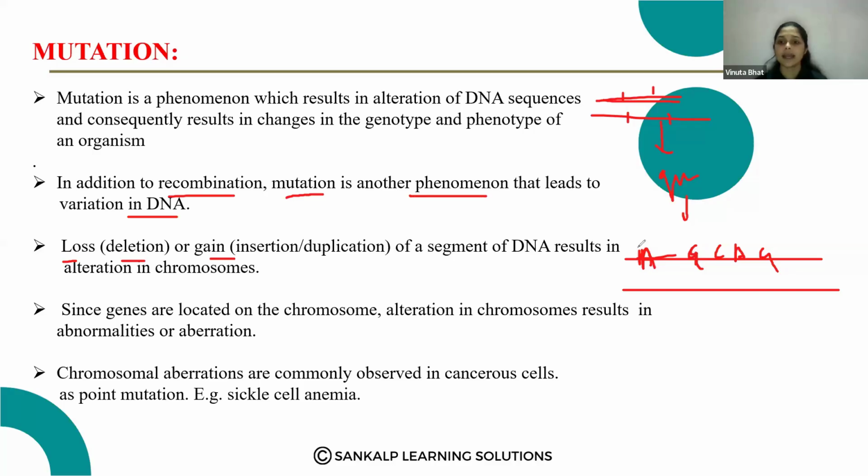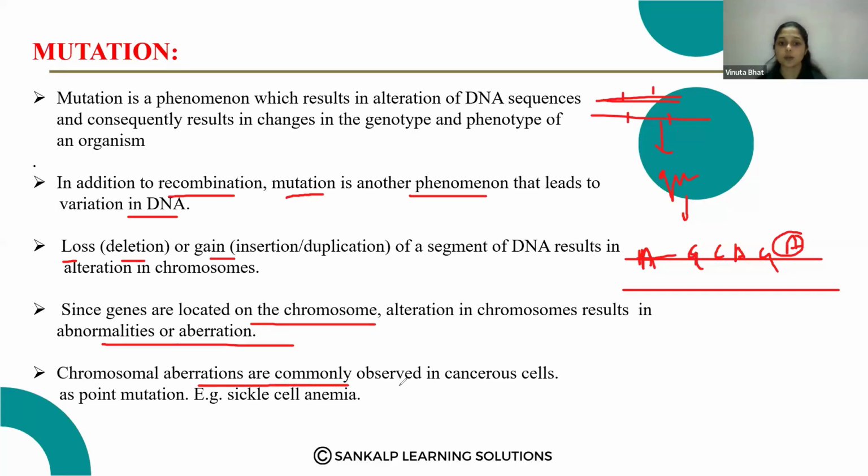So the addition of some other sequence or the deletion of some sequence on DNA results in the alteration in the chromosome. Since the genes are located on the chromosome, alteration in chromosomes results in abnormalities or aberration.